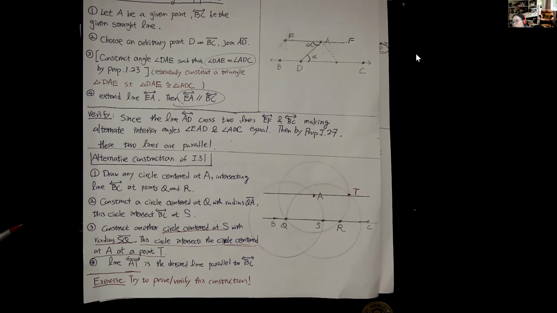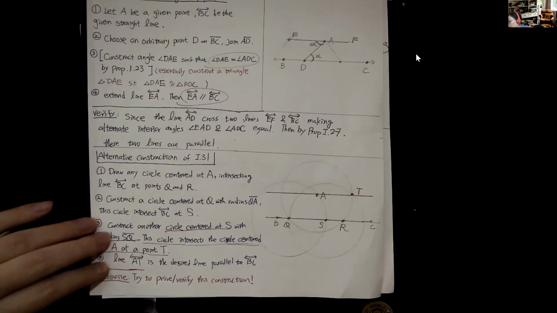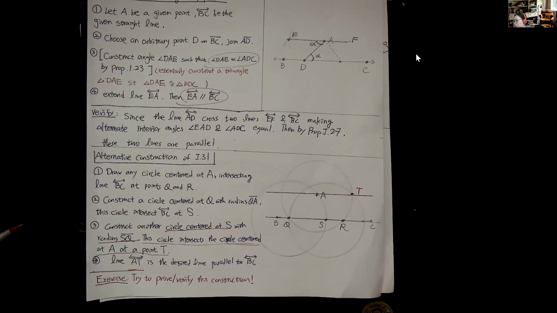In some sense, this construction is better, and you don't need to use the previous proposition. If you search online, you can see a lot of different constructions with different flavors. I'll leave you to figure out the verification here, because this is actually a nice challenge. All I really did here is construct a lot of circles.